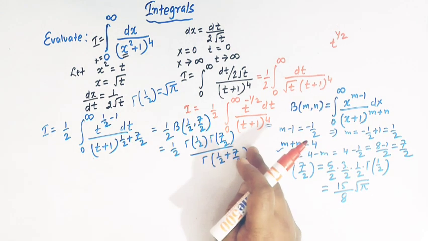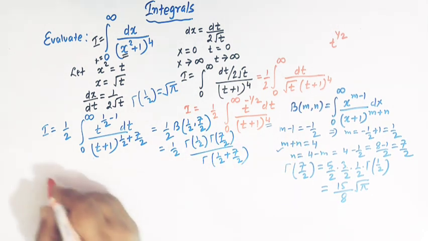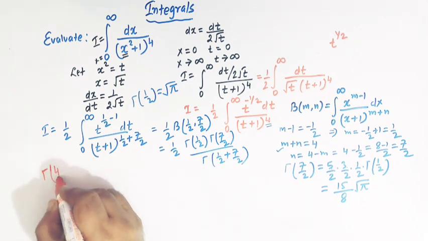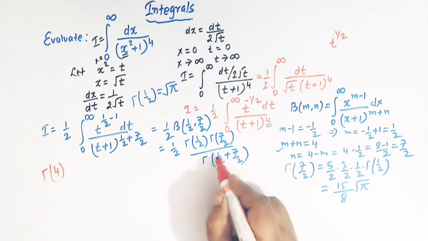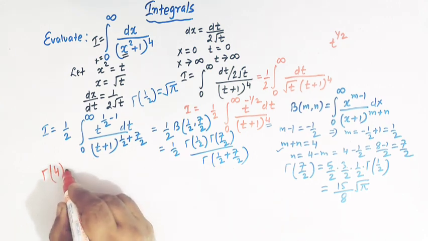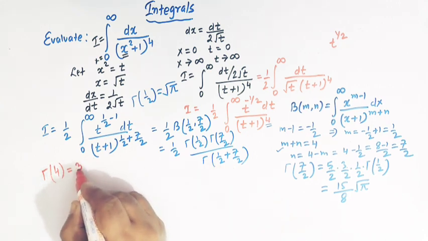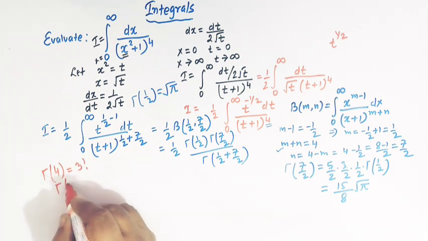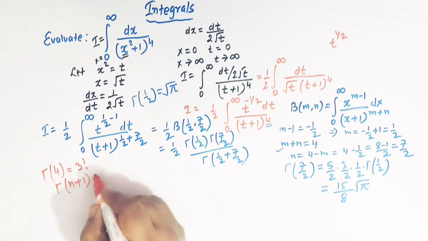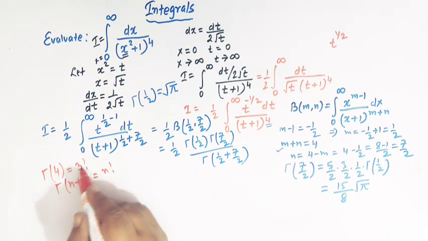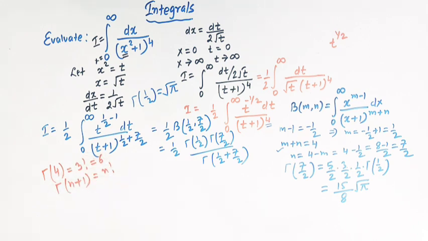So now in the denominator we have gamma of half plus 7 by 2, which is equal to 4. 7 plus 1 is 8, 8 over 2 is 4, and gamma 4 is equal to 3 factorial, right? So here we have used the result, that is gamma of n plus 1 is equal to n factorial. So 3 factorial is equal to 6.